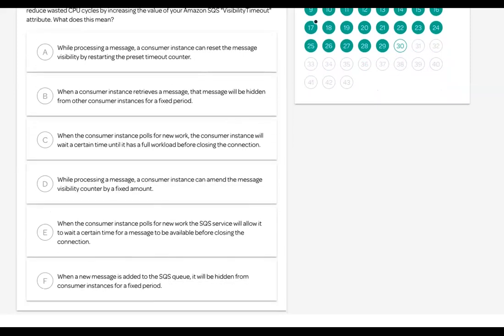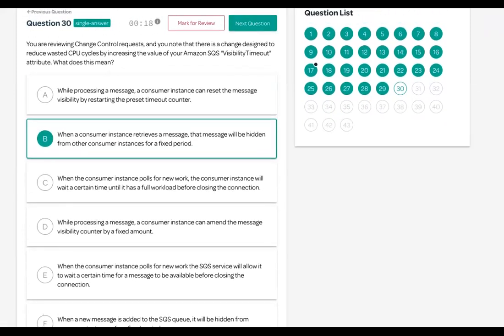When a new message is added to the SQS queue, it will be hidden from the consumer instance for a fixed period of time. B should be the right answer. The message will be hidden from other consumers for a fixed time. That is what the visibility timeout is.